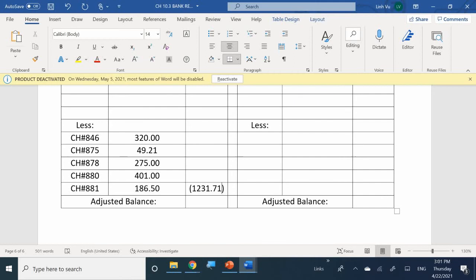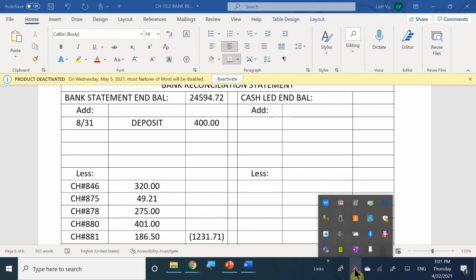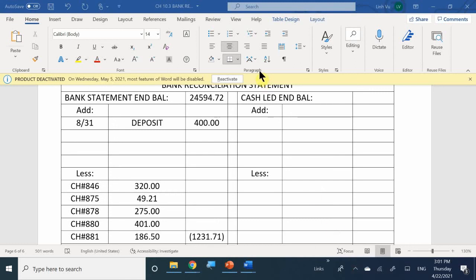All right, so what is my adjusted ending balance? Anybody?